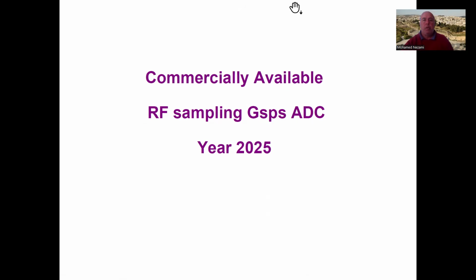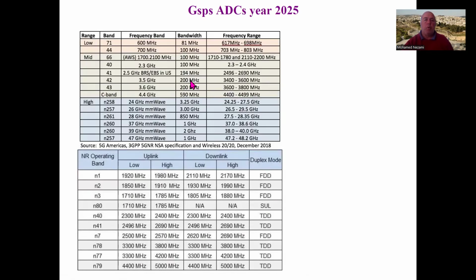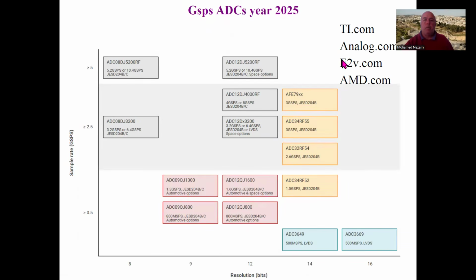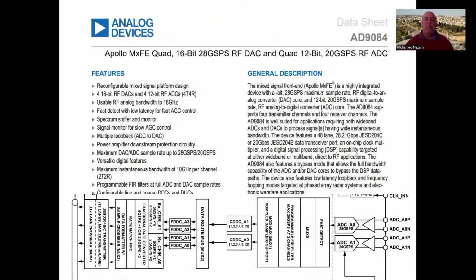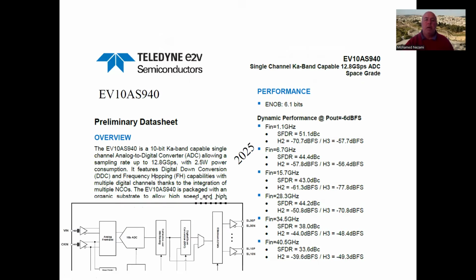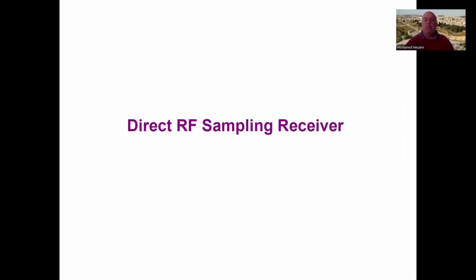So I'll see you in a moment where we're going to look at all these frequency allocations of the current wireless services, and then look at the ADCs from various companies. These are the main players: Texas Instruments, Analog Devices, E2V, AMD, which was really Xilinx before. So we're going to look through all of these and have a map and review these devices and see how we can build a direct sampling receiver.